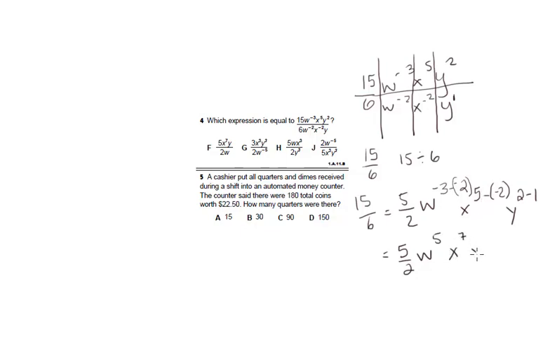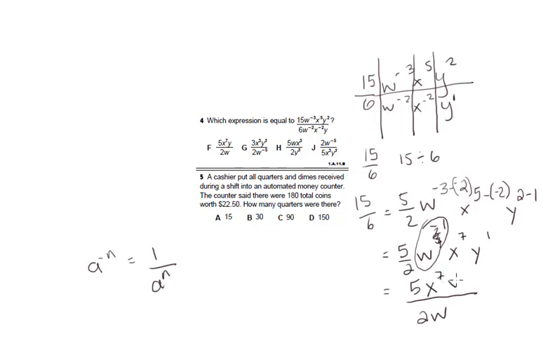Oh, I did that wrong. -3 plus a +2 is a -1. There we go. So everything stays on the top except for this w, because a negative exponent says that I can rewrite it as a positive exponent, 1 over the base to the positive exponent. So I would have w to the first power, and everything else remains in the numerator. And that's answer choice F.